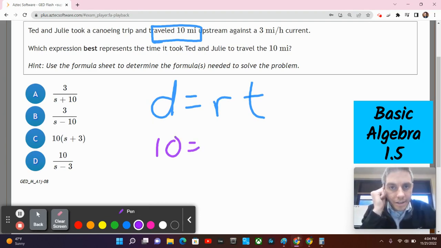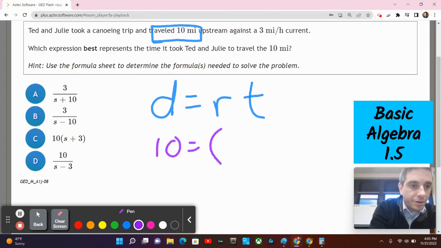Now, the rate is an interesting one. It doesn't tell us exactly how fast they're going. It does tell us that however fast they're canoeing, whatever speed they're generating from them canoeing, that speed is going against a 3-mile-per-hour current. So that means that whatever speed they're going, we have to take away 3 miles per hour from that speed.